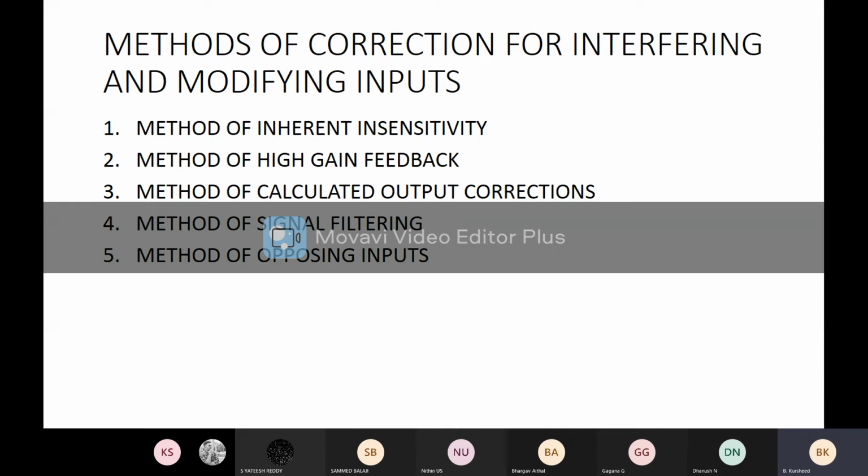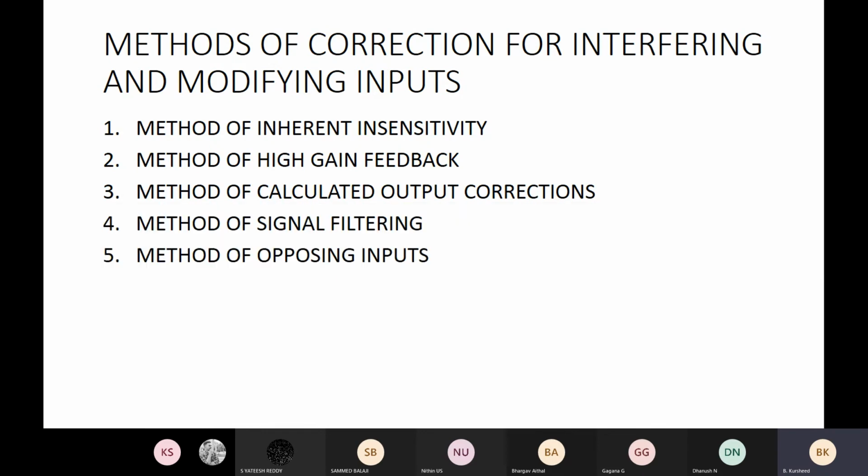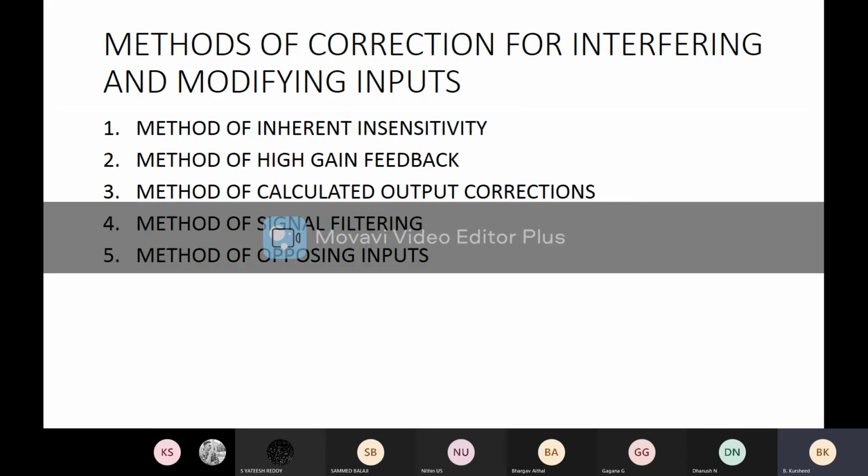Interfering and modifying inputs. The approach adopted is not practicable in many situations but acts as a motivating factor in many cases for elimination of effects of different types of inputs. For example, temperature is an interfering input in the case of measurement with a strain gauge.